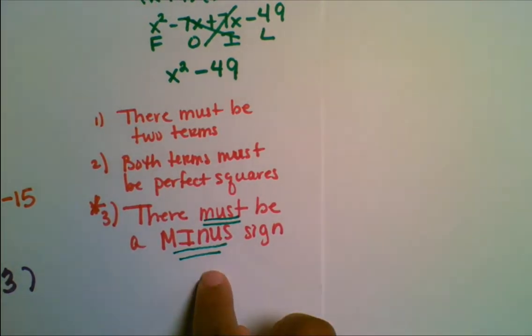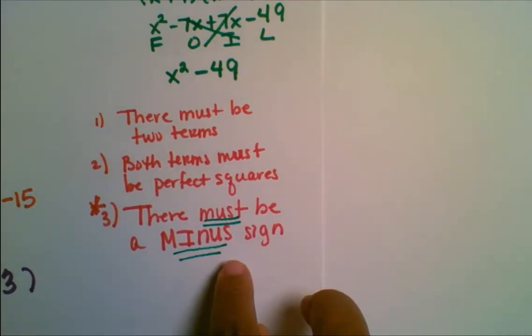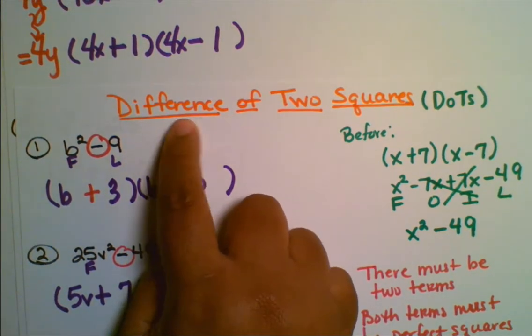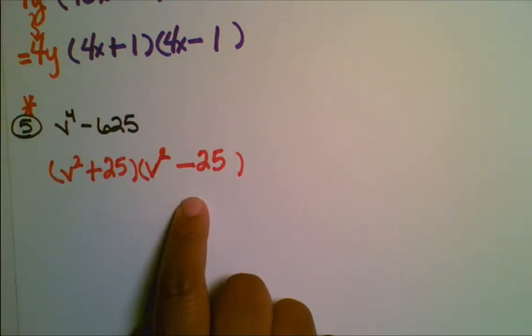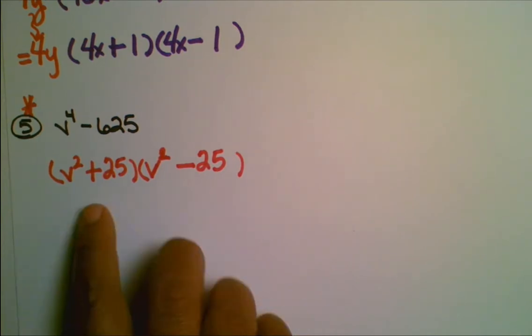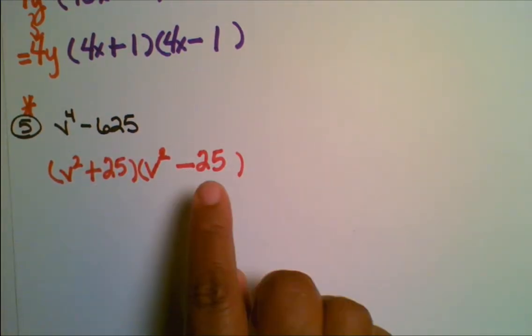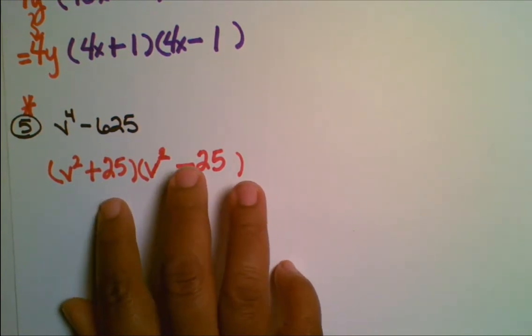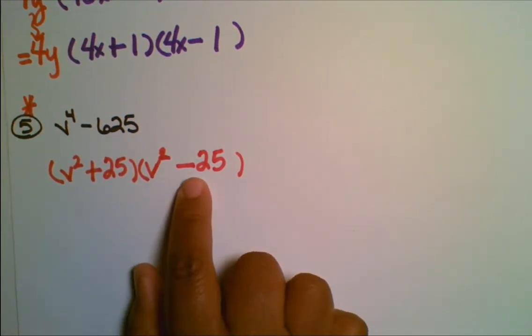In order for us to factor a perfect square binomial, look at the key word to this. It says difference. There must be a minus sign. So as we look at these 2 parentheses, one of these can be factored one more time. And the one that's going to be factored is the one with the minus sign.